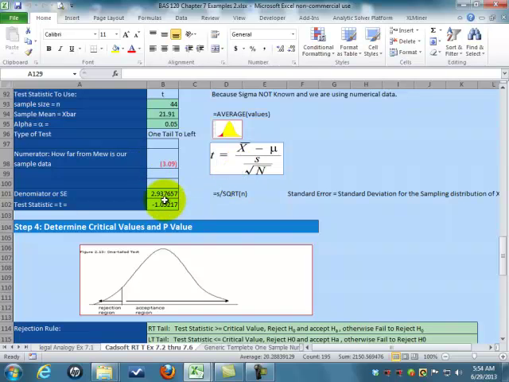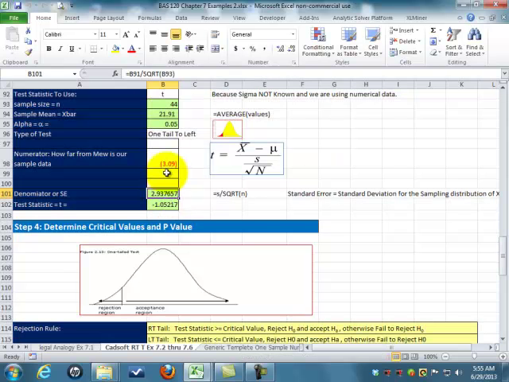Now, the denominator of our equation, or our standard error, is our standard deviation divided by the square root of n. Because remember, as n goes up, we're going to shrink our deviation. So the denominator is our sample standard deviation divided by the square root of n, where n is our sample size. So I went ahead and in Excel just put that in there and calculated it all. You can see the equation.